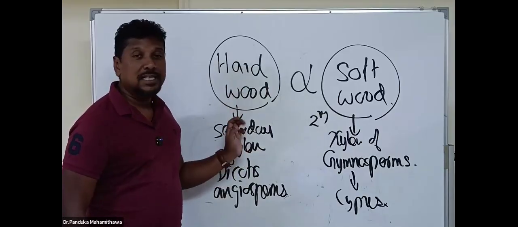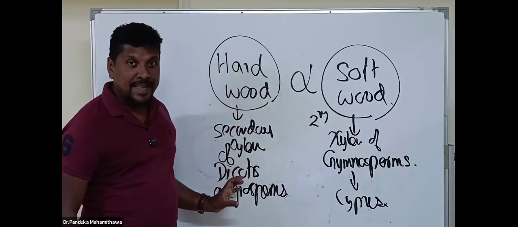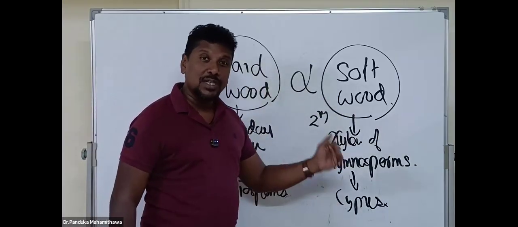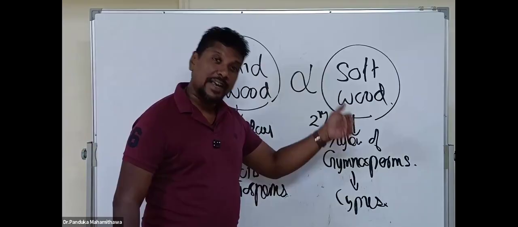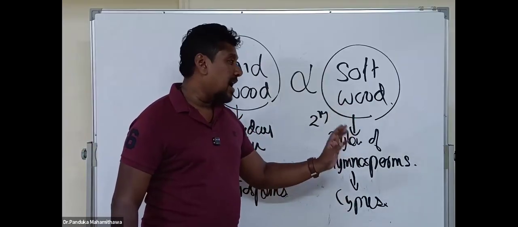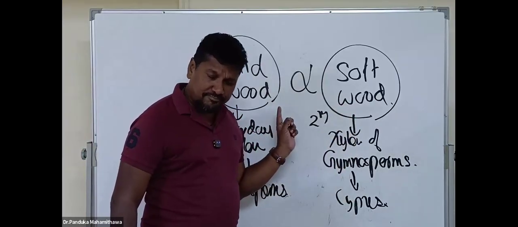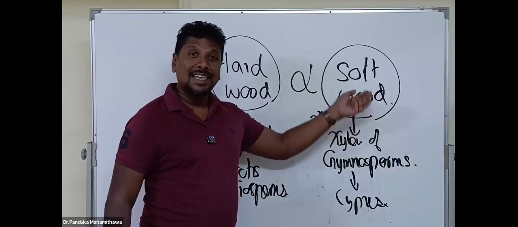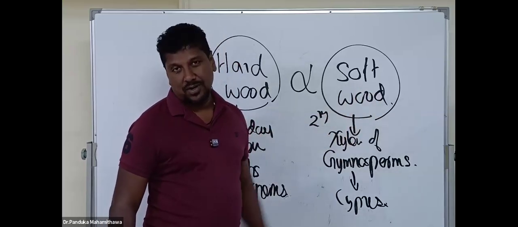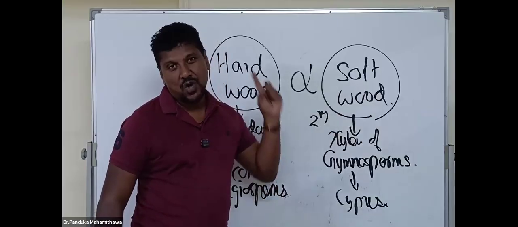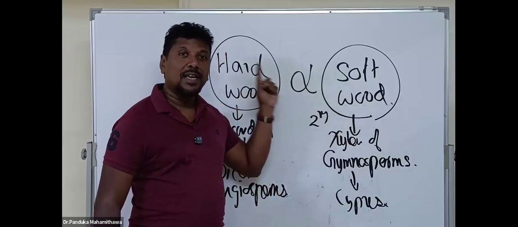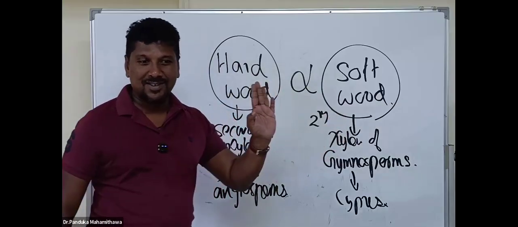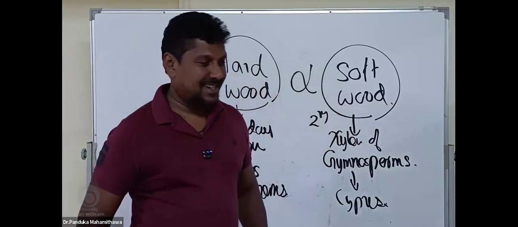Therefore, hardwood is there in the angiosperms. And the secondary xylem in the gymnosperms does not have vessel elements, only tracheids. It is not as hard compared to the angiosperms, therefore it is identified as softwood. Understood? Clear? So hardwood and softwood, in angiosperms and in gymnosperms. That's all.